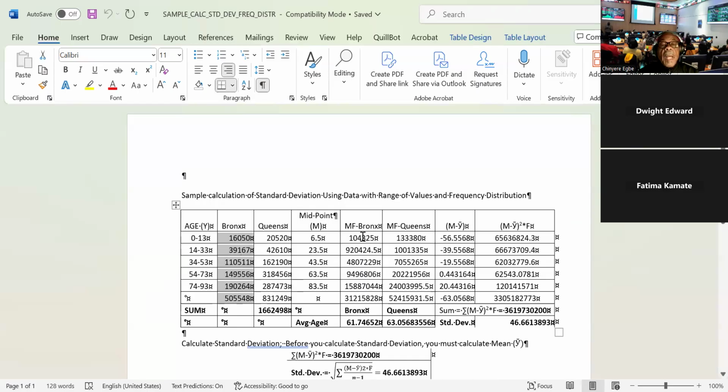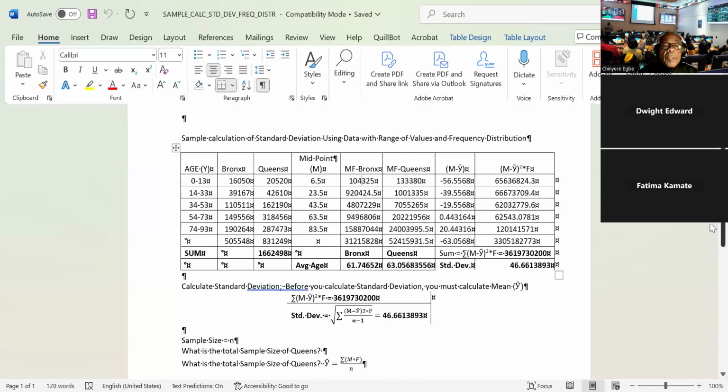We'll multiply the midpoint times the frequency for Bronx and for Queens, and so we'll come to an average.